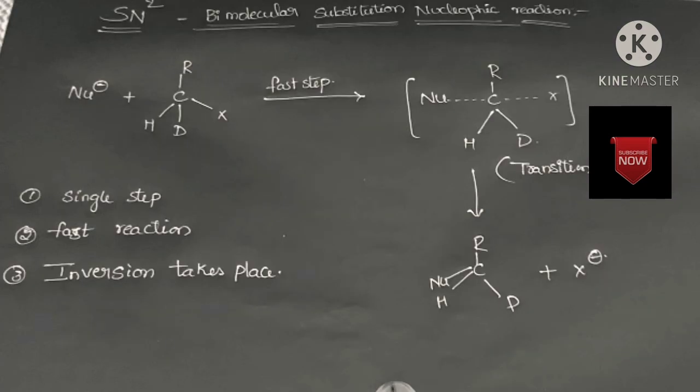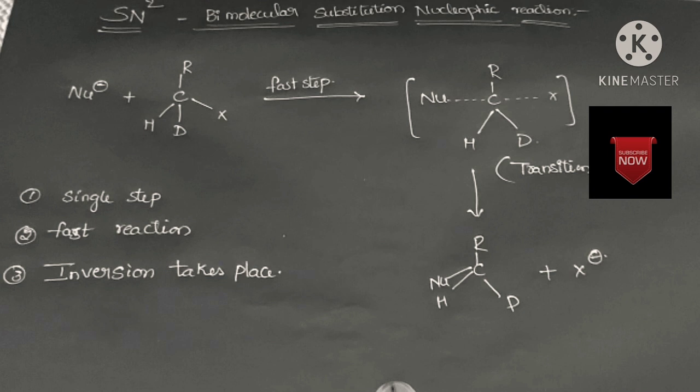And the next one is the SN2 reaction. The term SN2 means bimolecular nucleophilic substitution reaction. In this SN2 reaction, it is a second order reaction. We have a carbon atom carrying 4 different groups, and the nucleophile attacks while the X is removed from this compound.